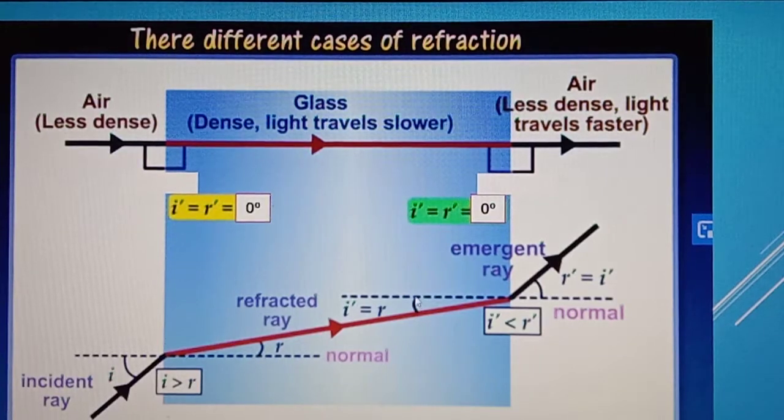So you can see the angle I here is R for this light ray. From glass to air, speed increases again, so the emergent ray, you can see it come out here, is refracted away from the normal. Okay, so these are the different cases of refraction.